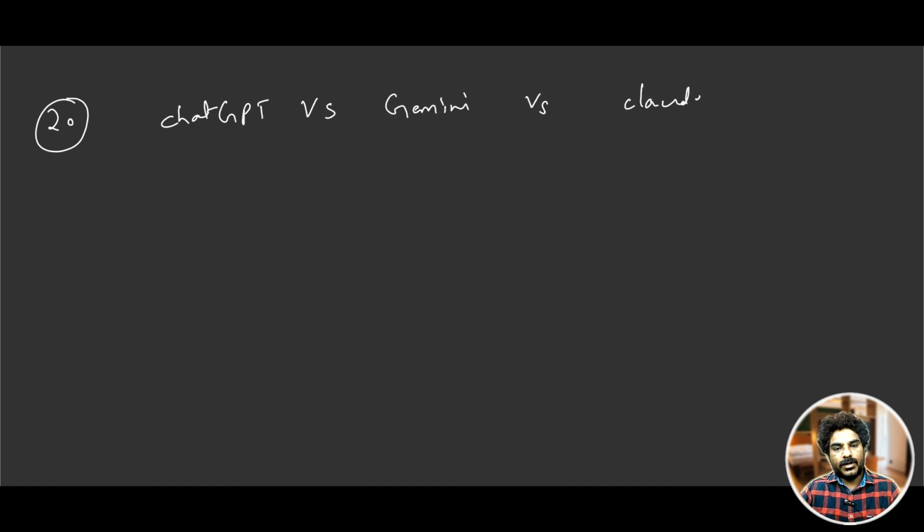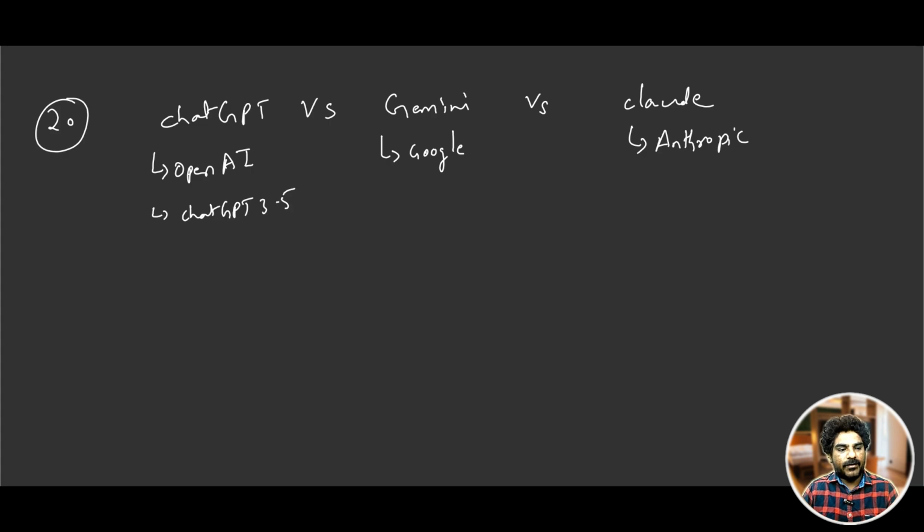So guys, last, point number 20, we'll discuss ChatGPT versus Gemini versus Claude. ChatGPT is from OpenAI, Gemini is from Google, and Claude is from Anthropic. The famous versions of ChatGPT are ChatGPT 3.5 and ChatGPT 4.